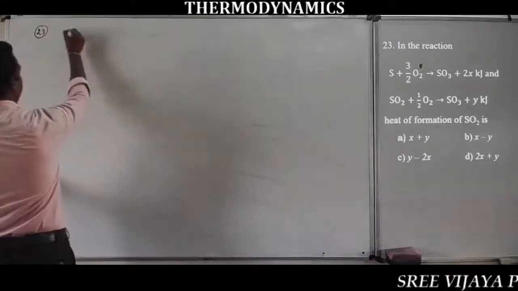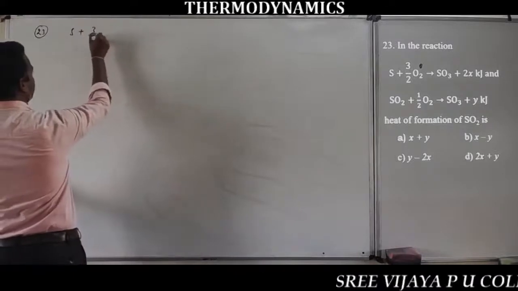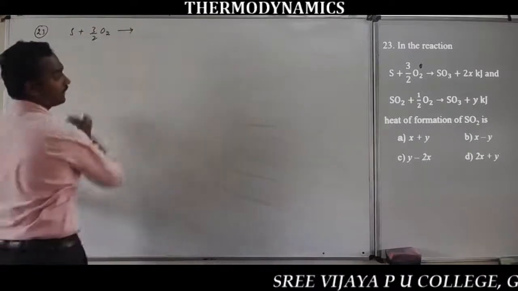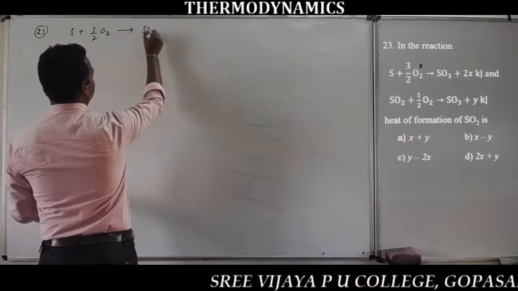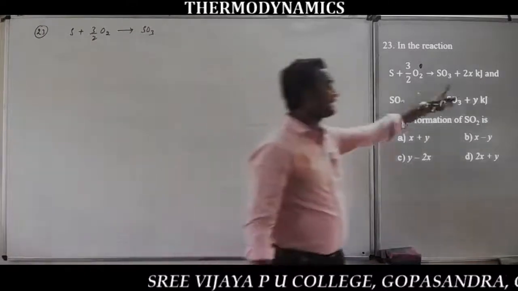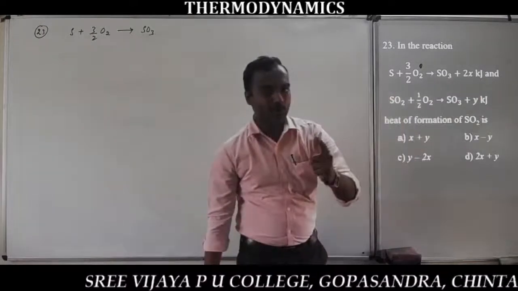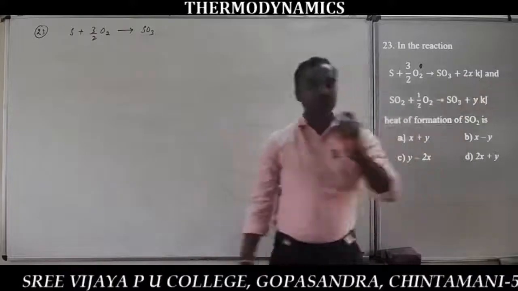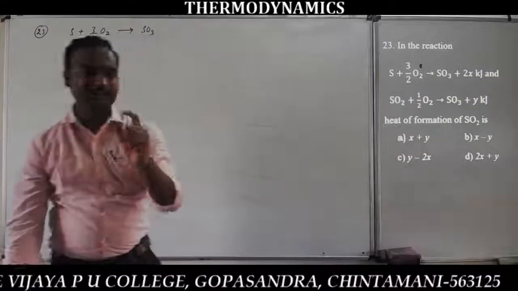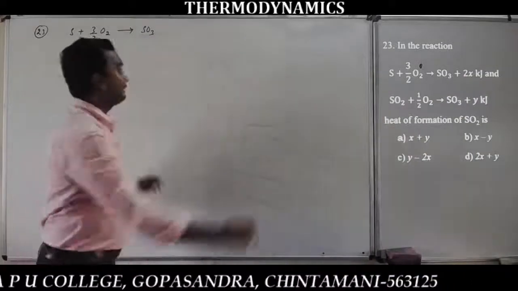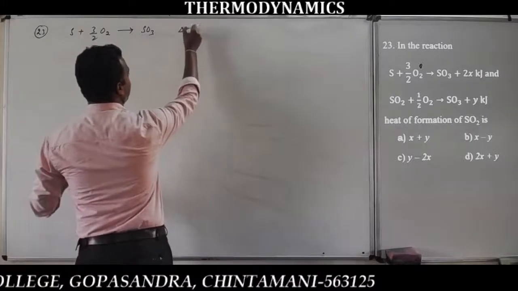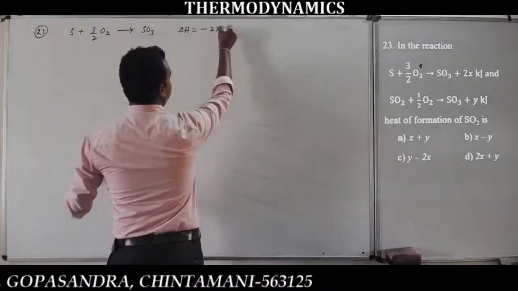S plus 3/2 oxygen converted into SO3 plus 2x kilojoule means that along with the product, 2x kilojoule of energy is liberated. Since it is liberated along with the product, delta H is equal to minus 2x kilojoule.